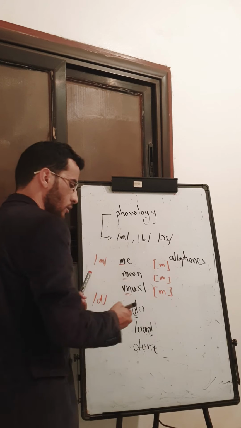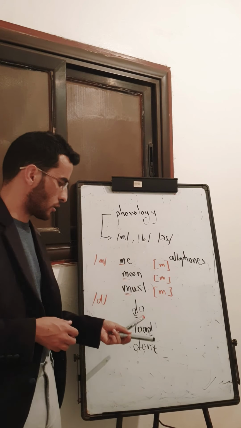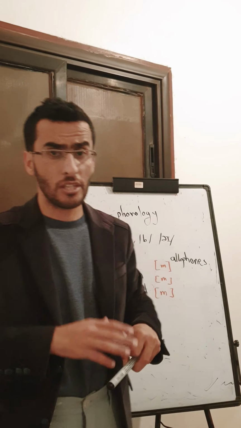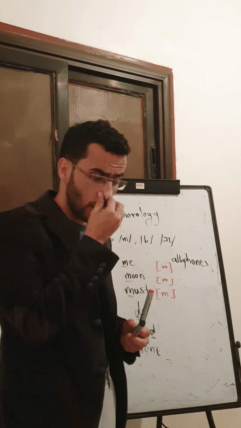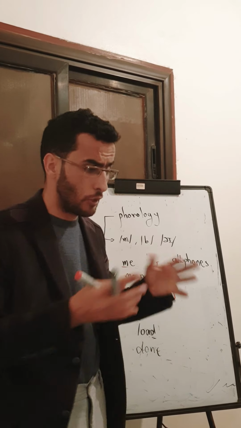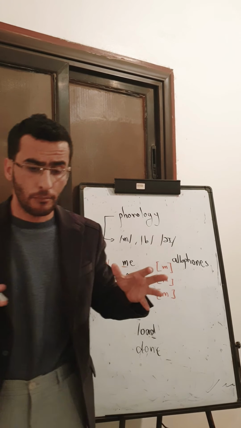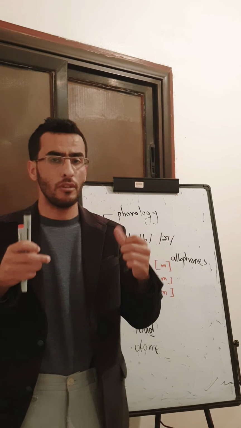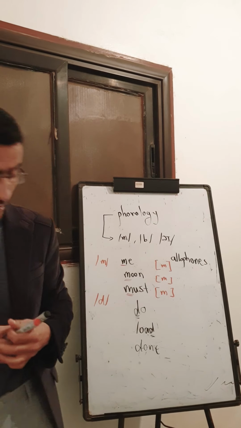Do, done, the same phoneme, which is d. This is an allophone: a phoneme in a different phonetic environment. يعني ال phonetic environment makes up different allophones for the one phoneme.